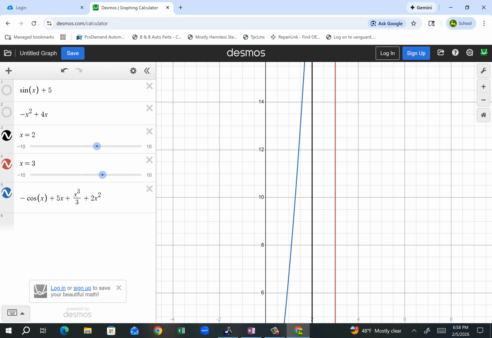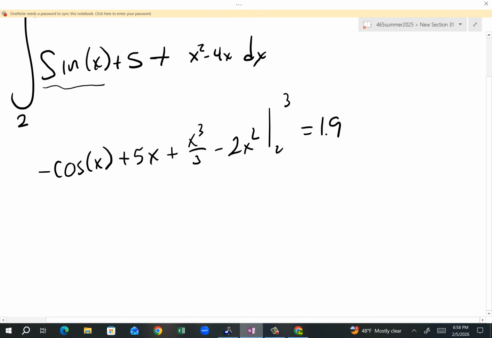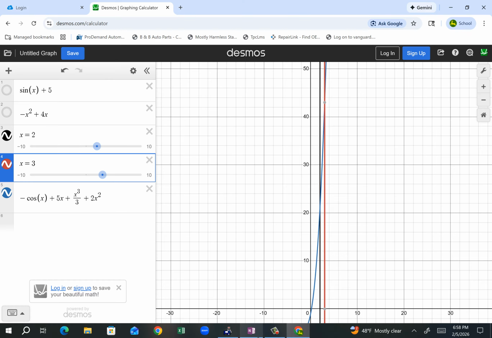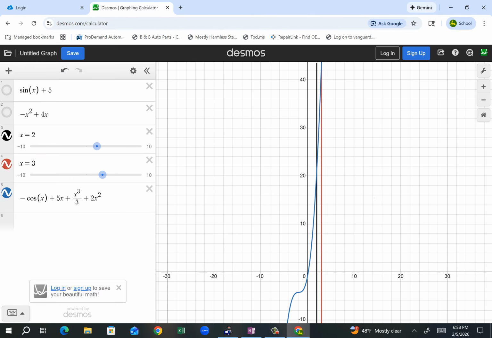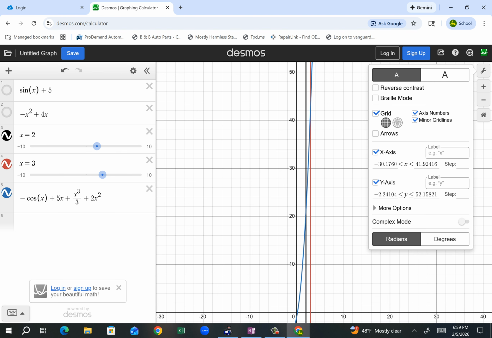You're like, what does that mean to me? Well, nothing much yet, but hang tight. What I can do is zoom out a ways to see where these cross. Did I mess something up? One moment, please.